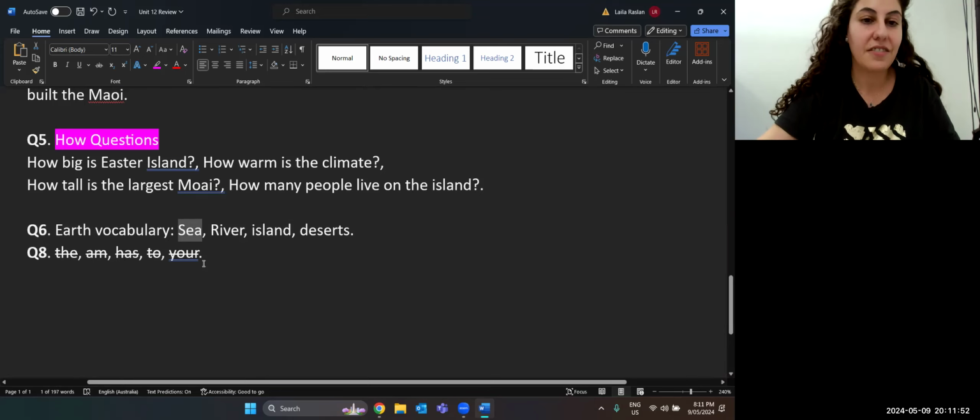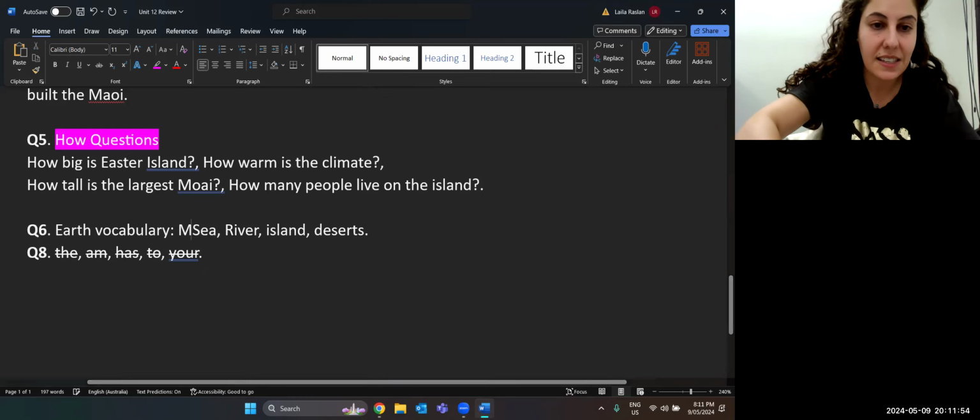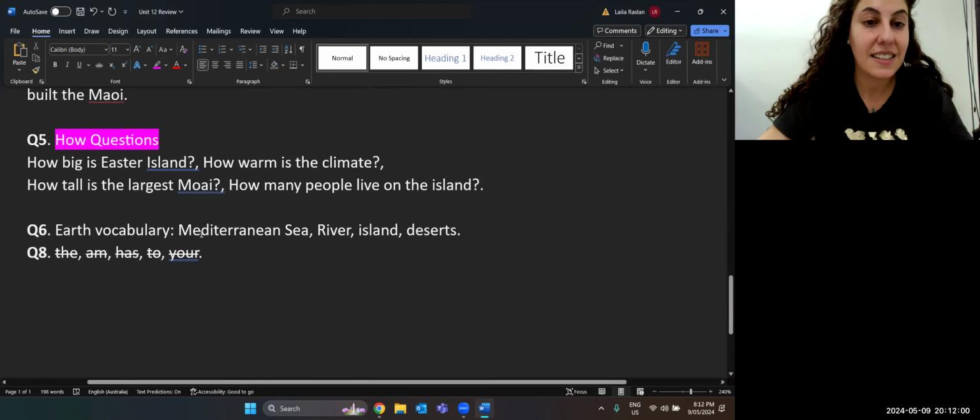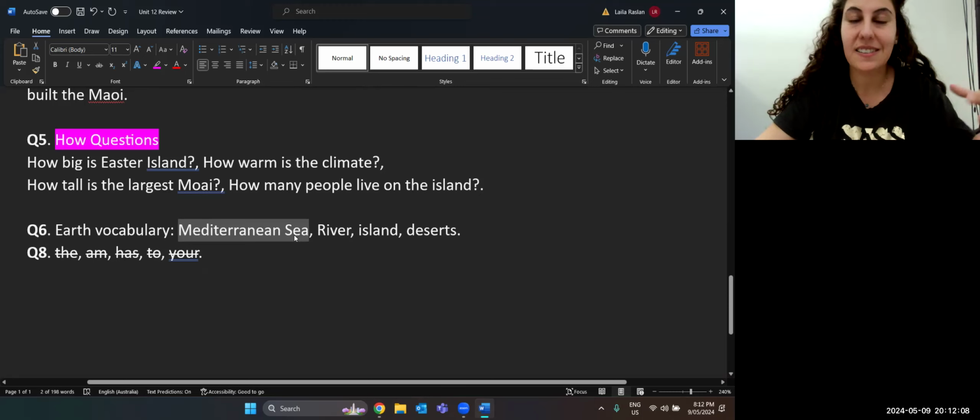So we know we have Mediterranean Sea, one of the seas in the world. Okay, beautiful, beautiful sea. And many countries will be near this sea.